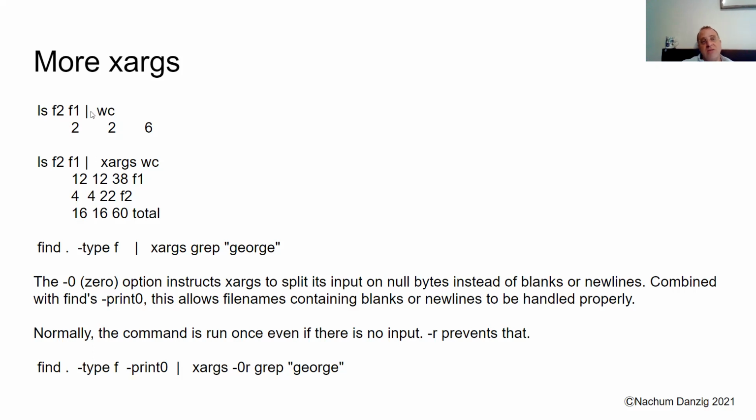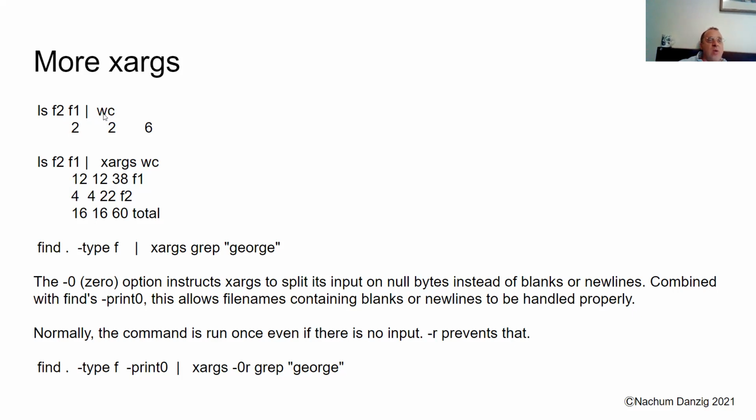So it's as though I sent to the standard input of wc f1 and f2. So it tells me, oh, you just sent me 2 lines with 2 words with 6 letters. Because remember, there's always a return, an enter at the end of each line, even though it'll print them on 2 different lines. So wc doesn't tell me the word count of the file, it tells me the word count of the strings f1 and f2.